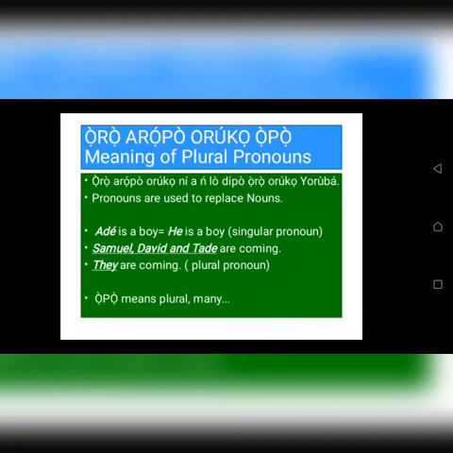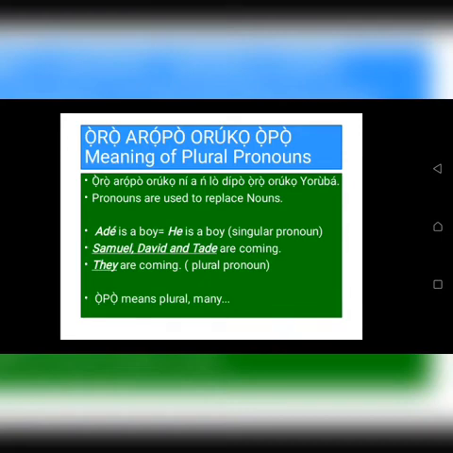Ade is a noun. So we can replace that Ade, because Ade is a boy, with E. So that means E is a pronoun. Don't forget that's a singular pronoun. After we replace with E, the sentence becomes he is a boy.